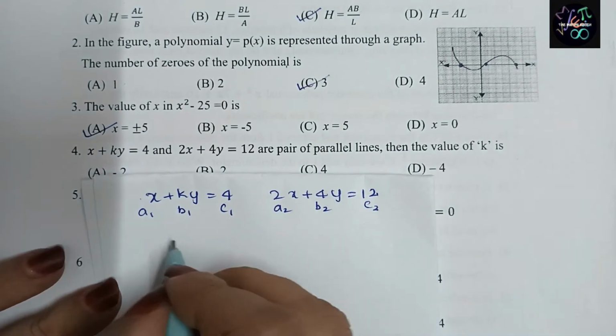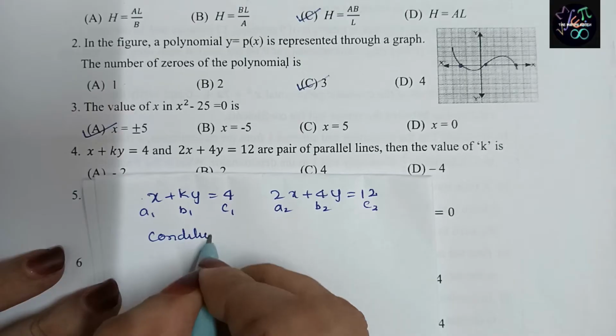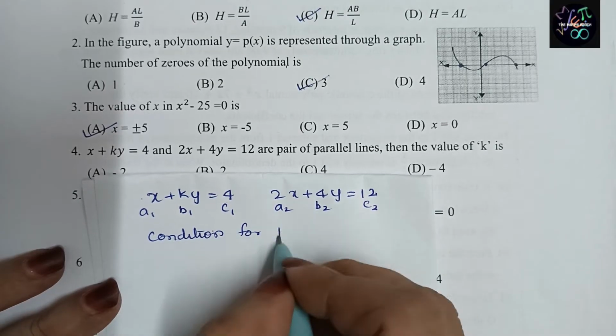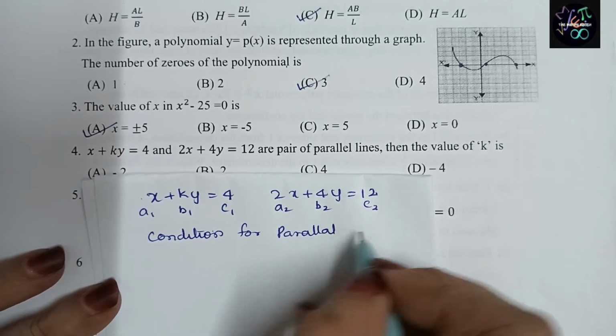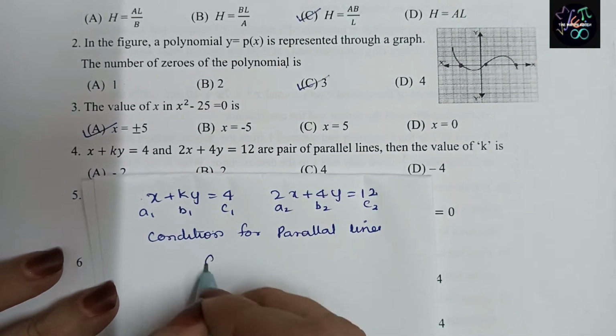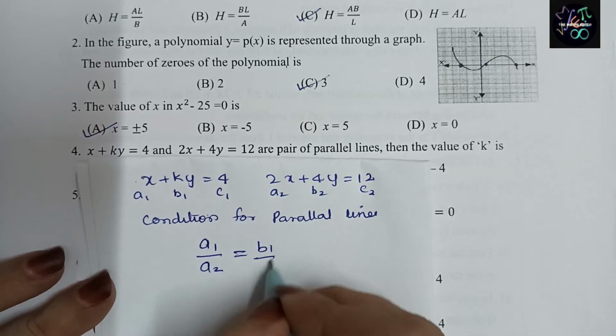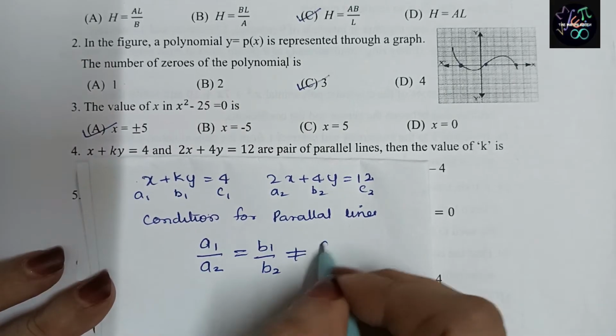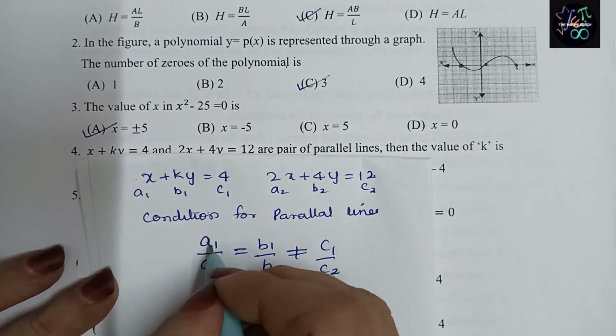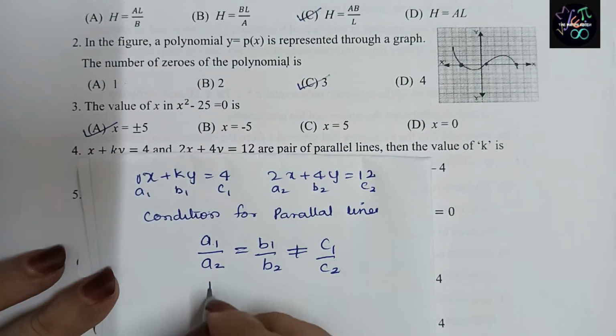So the condition for parallel lines is nothing but, they have told they are parallel lines, right? So the condition for parallel lines is A1 upon A2 is equal to B1 upon B2 not equal to C1 upon C2. Let us write A1 value, that means 1.